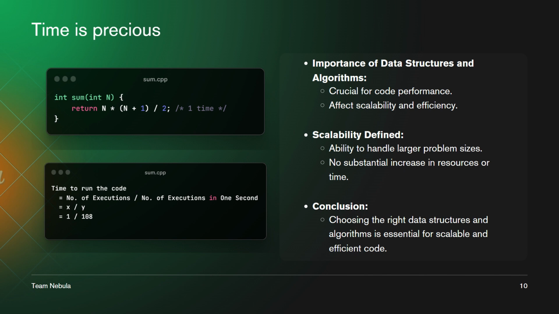It's what we call a constant time algorithm. Using this optimized algorithm, the time taken to find the sum is 1 divided by 10^8, which is just 10 nanoseconds. So, as you can see, choosing the right data structure and right algorithms can significantly impact the performance of your code, making it scalable and efficient.